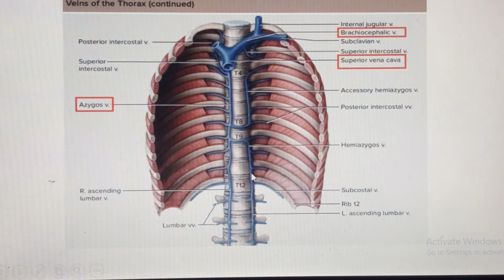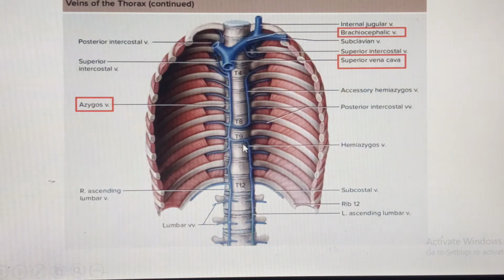Almost at the same vertebral level, that is T12, it then ascends, receiving other tributaries from the posterior intercostal veins towards the left. So it means T11, T10, T9 are draining into this hemiazygos vein.